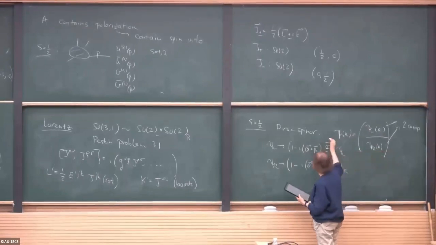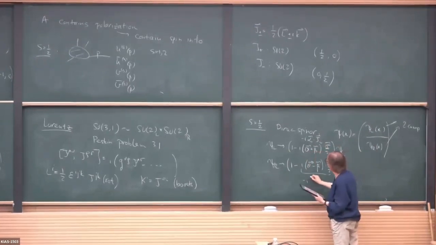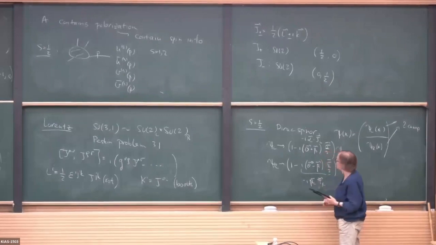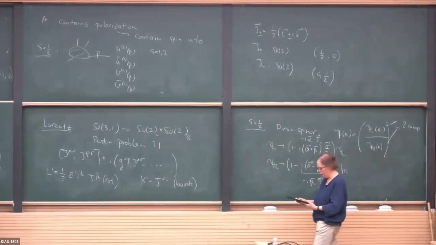Here you can identify, essentially, you can write this as minus i alpha_L dot J_L. And here you have minus i beta_L dot J_R. Okay, so these transform under the SU(2) left and the SU(2) right.